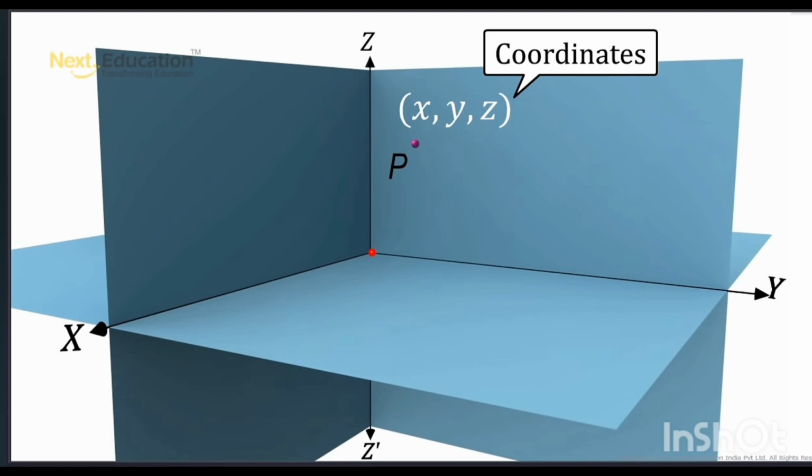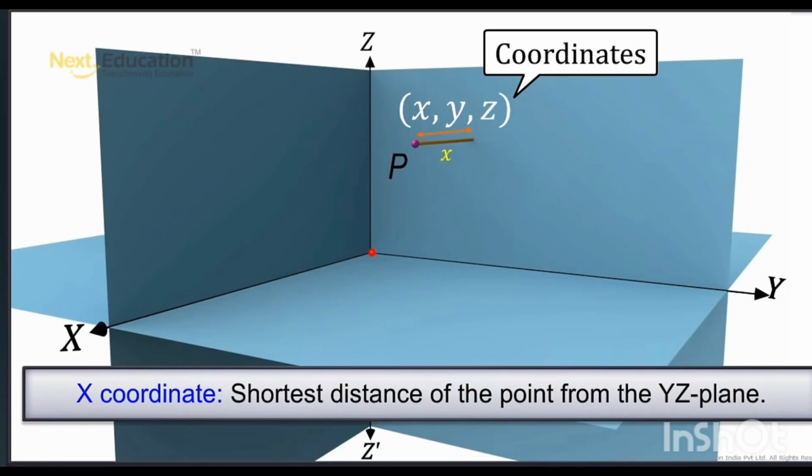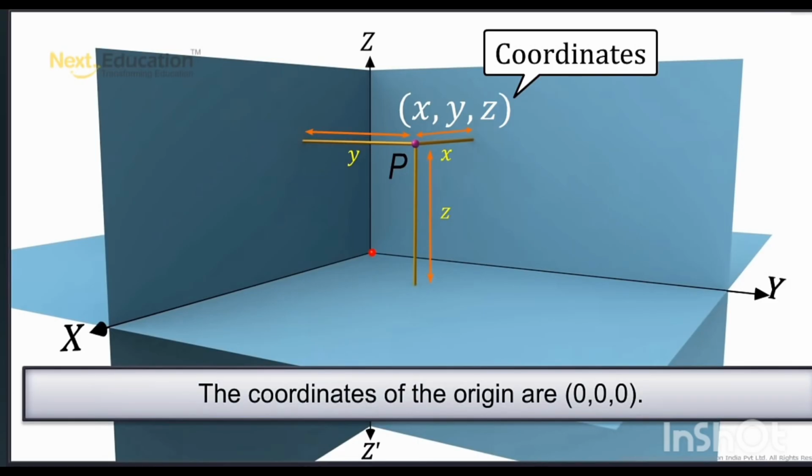For example, the coordinate x determines the shortest distance of the point from the yz plane. Similarly, the y coordinate represents the distance of the point from the zx plane, and z represents the distance of the point from the xy plane. The coordinates of the origin are 0, 0, 0.